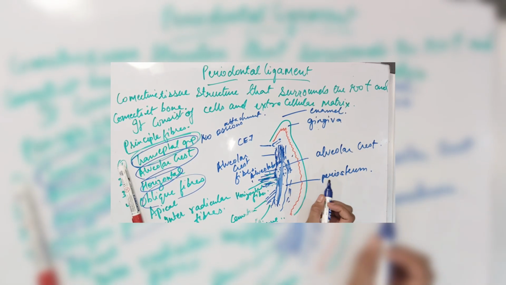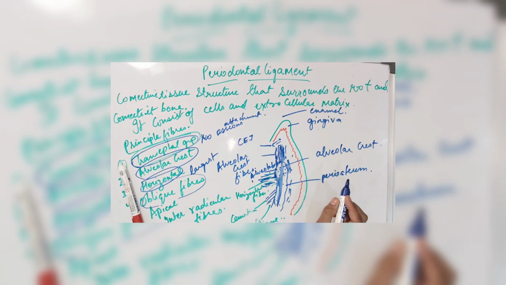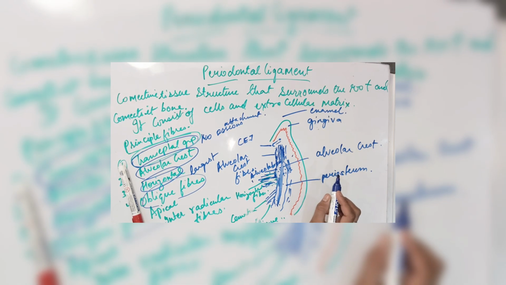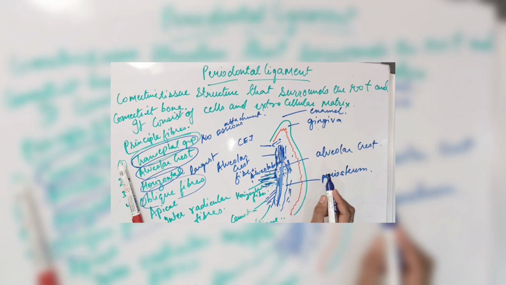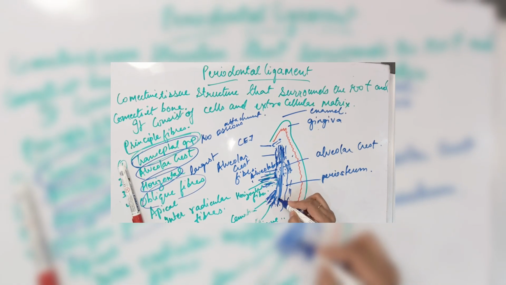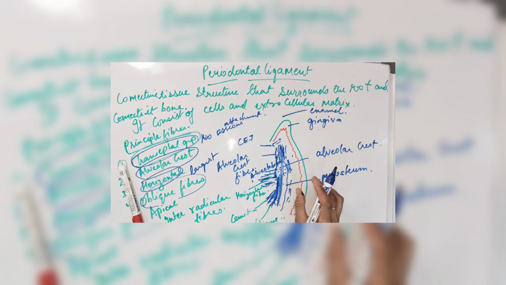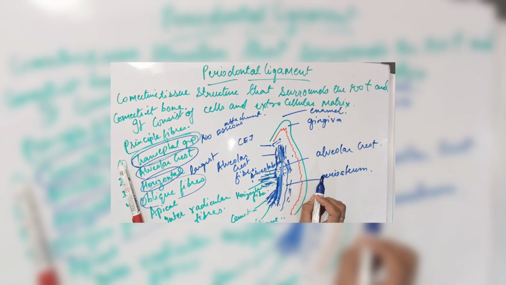They are the largest group of periodontal ligament. They extend coronally in an oblique direction from cementum to the bone. They resist axially directed forces.